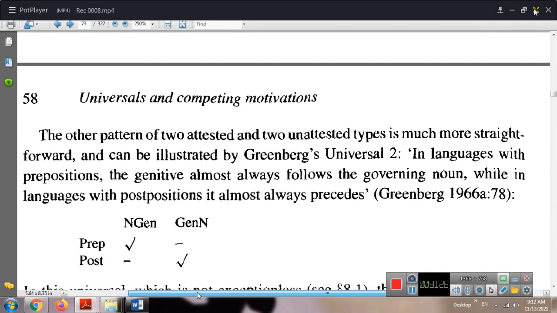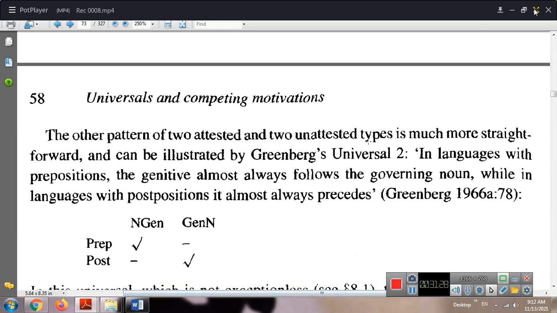The other pattern of two attested and two unattested types is much more straightforward and can be illustrated by Greenberg's universals too. In languages with prepositions, the genitive almost always follows the governing noun, while in languages with postpositions, it almost always precedes.